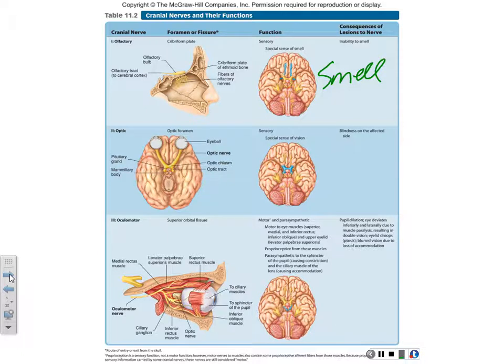So that's the cribriform plate. It's a perforated bone, and some of you may have seen it when we were doing the scalp. Okay. So this is the cribriform plate. It will be the opening for it, and it's olfactory and it's cranial nerve number 1.